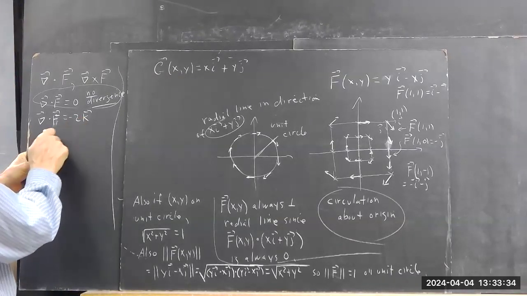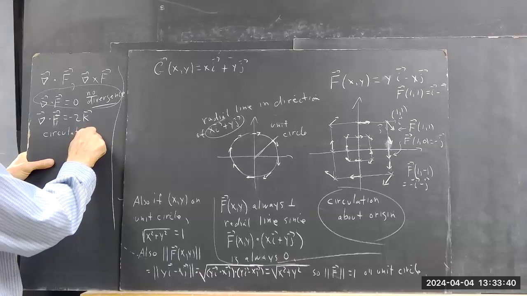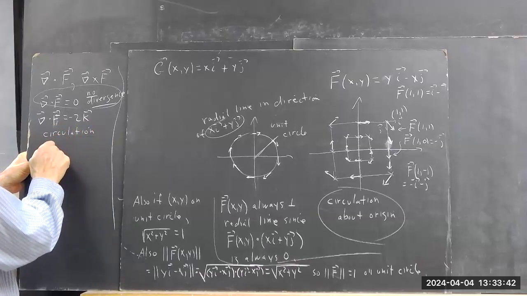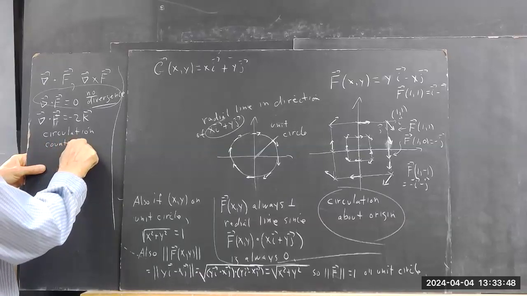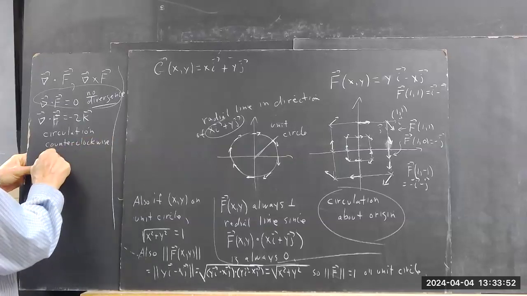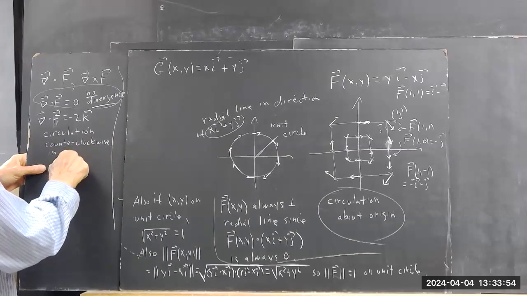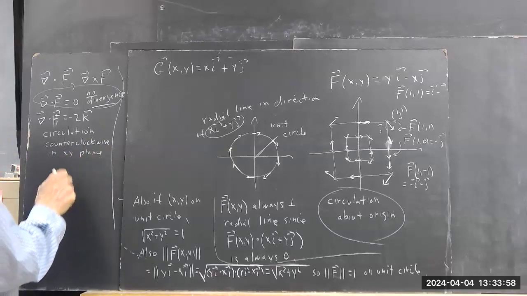And this says circulation is counterclockwise in the XY plane.